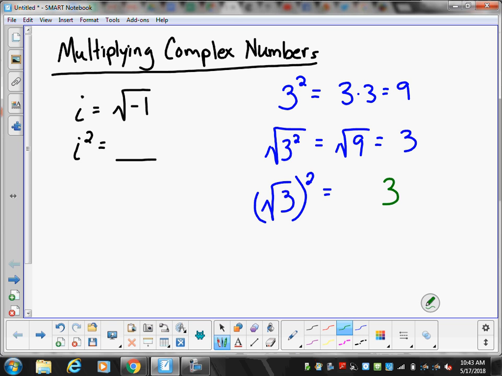All right, so my question now is, if I take the square root of 3 and square it, I get 3. Well, what happens if I take the square root of 27 and square it? What do you think I'm going to get? Does anybody know?